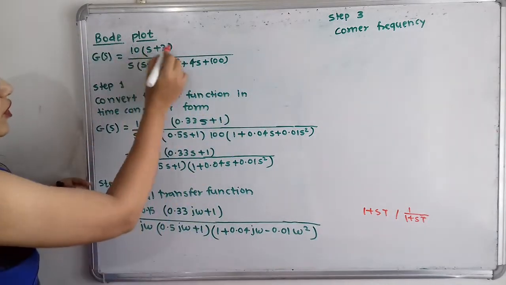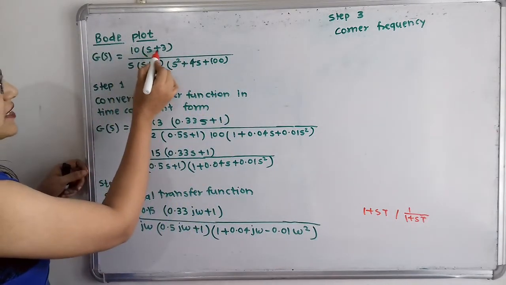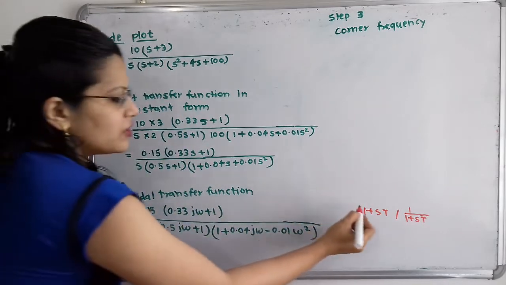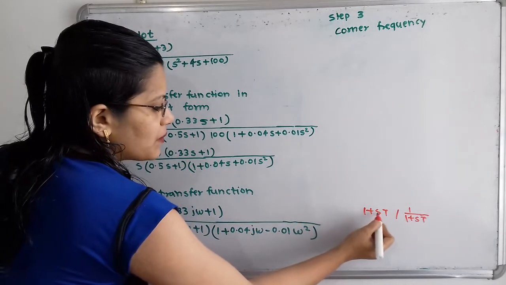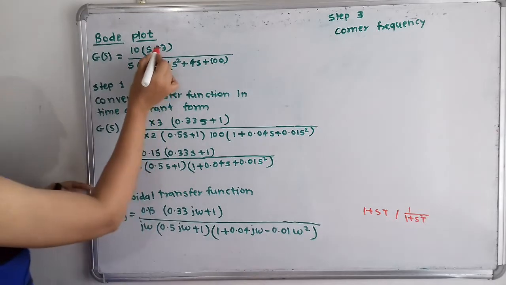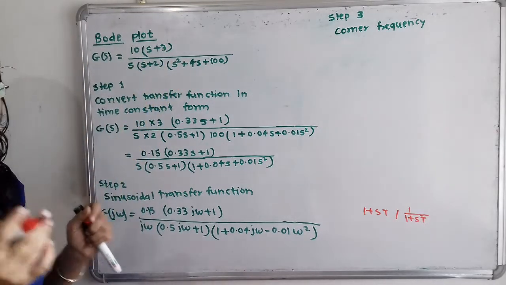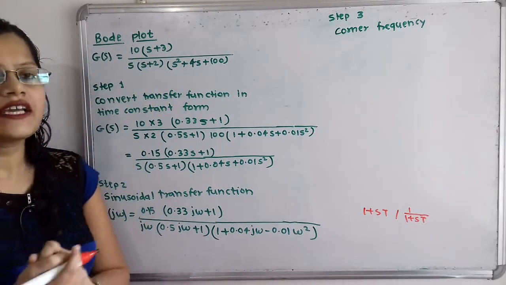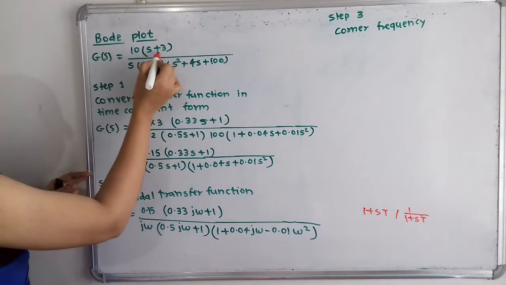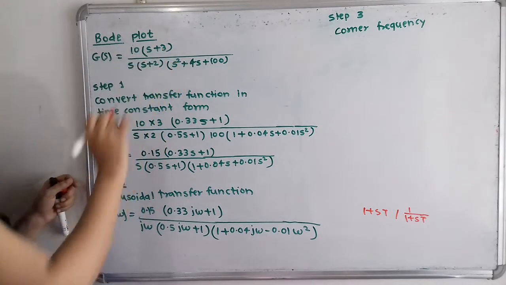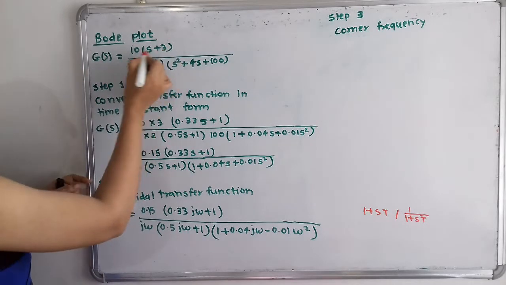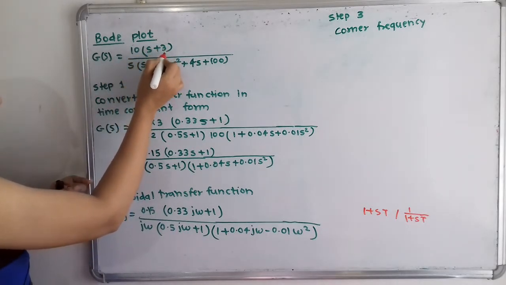Now if we observe the numerator, the s plus 3 term is there. We have to convert it to 1 plus sT, so instead of 3 we have to take 1. How can we do that? If I divide the whole term by 3, then 3 by 3 is 1.